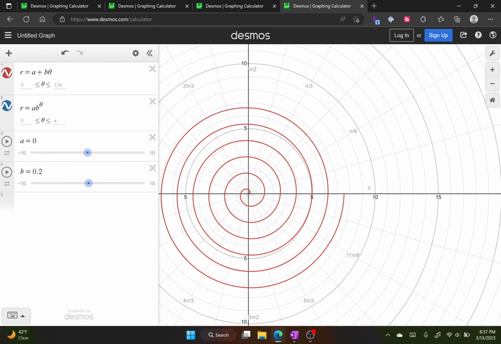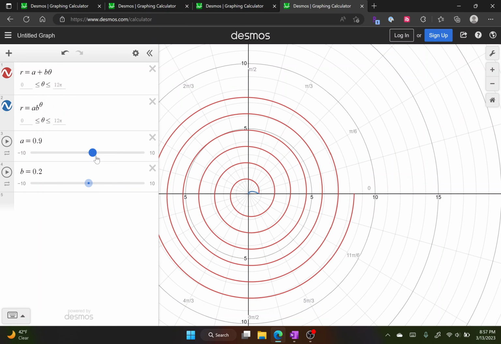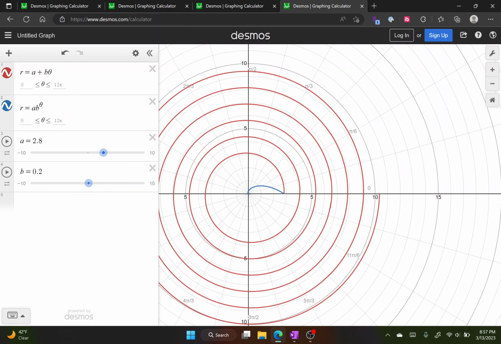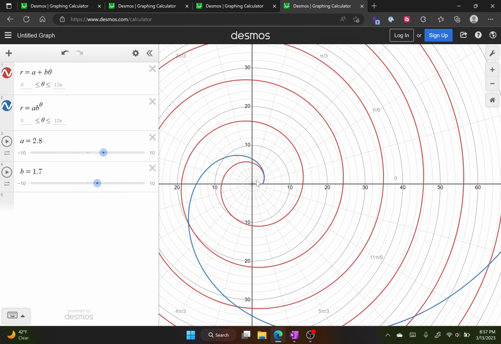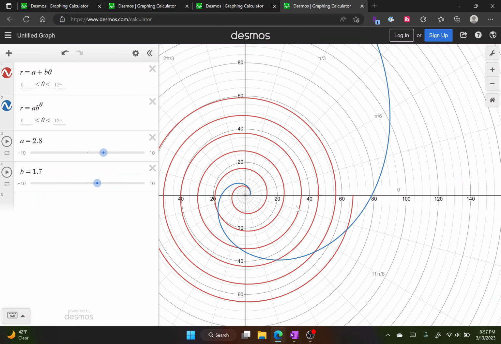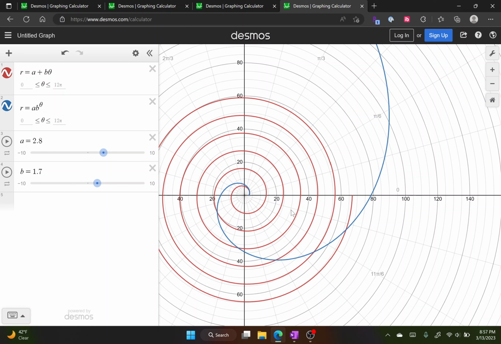Let's compare that to our blue logarithmic spiral, which is growing at a much faster rate. We should even say an exponential rate, because that's what's happening. If we were to graph all of these out, there would be an exponential difference between the distances of each ring.